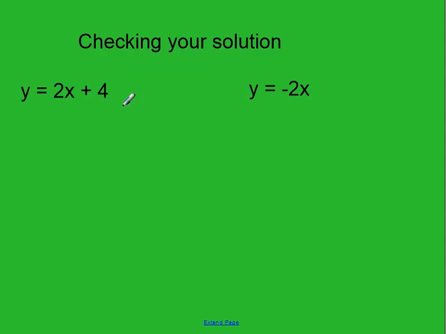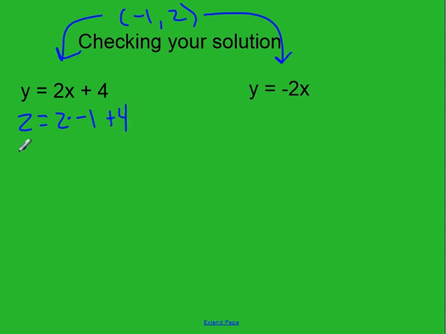So if we're going to actually check our solution we said was -1, 2. That's our ordered pair. In order to check it, we have to plug it back into each equation. Write all of this down. So my y is 2, I'll write that just below my y, equals 2 times x, which is -1, plus 4. So then I have 2 equals 2 times -1 is -2, plus 4, which gives me 2 equals 2. That checks out.